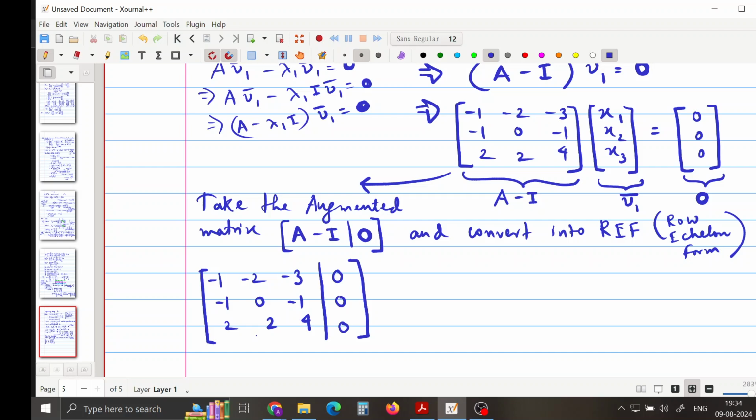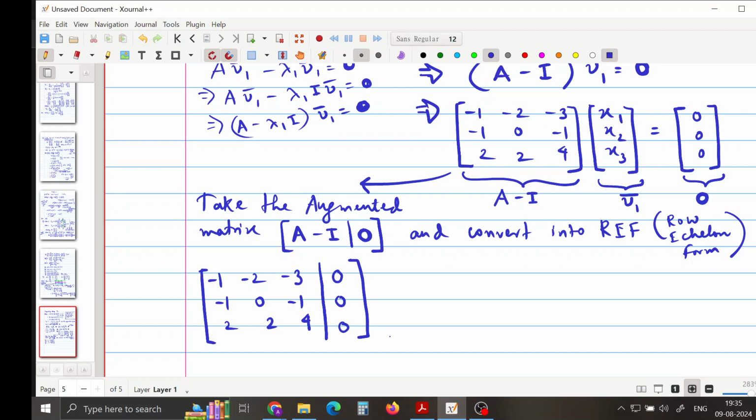How many rows and how many columns? 3 cross 4? 3 cross 4, exactly. Correct. Very good.